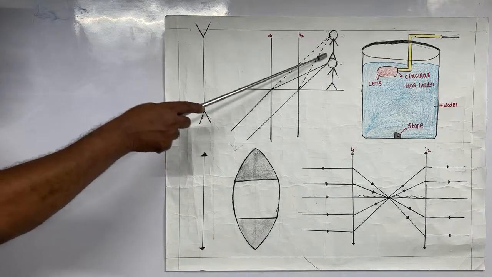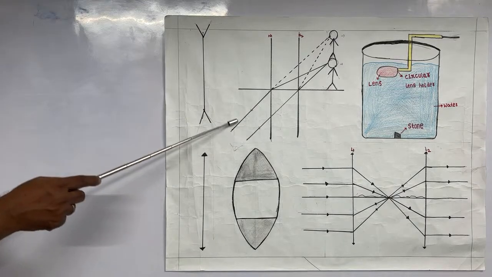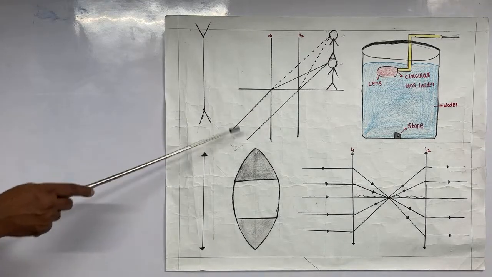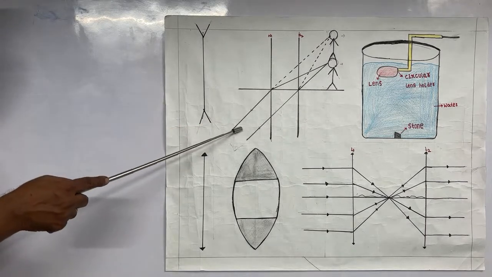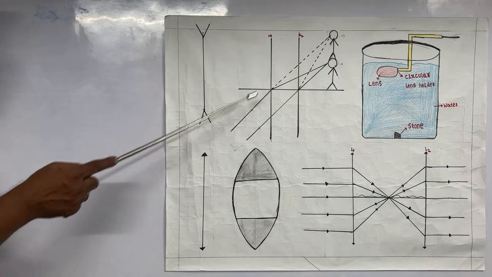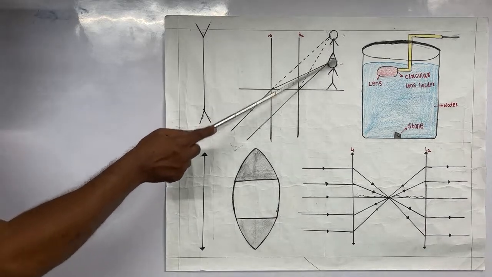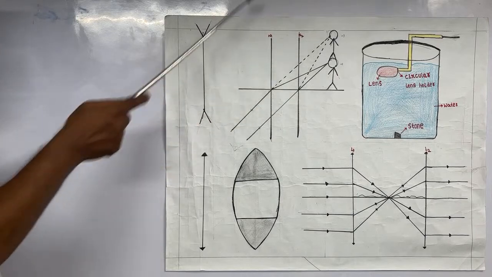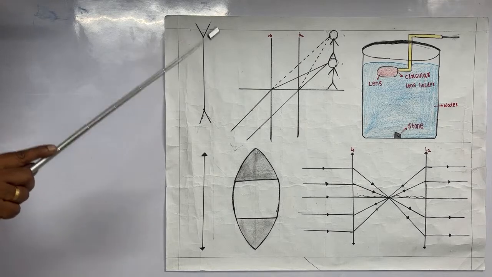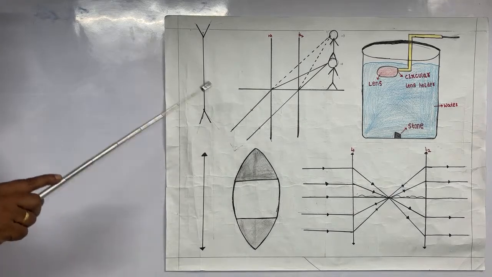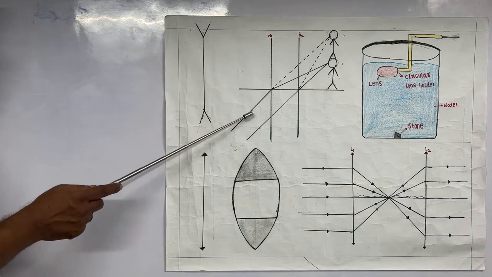You are swimming in the water, and you want to see your friend from this denser medium. The question is, does your friend appear the normal 5.6 height, or more than that, or less than that? Will he look shorter, taller, or equal?